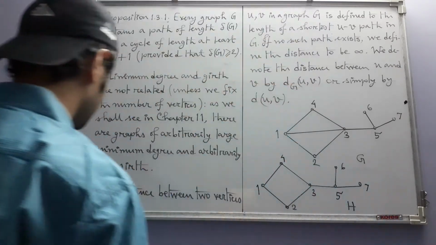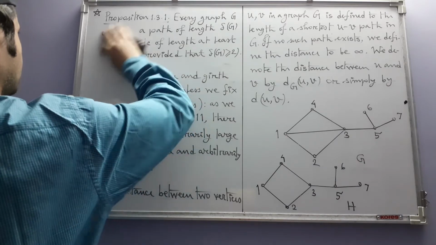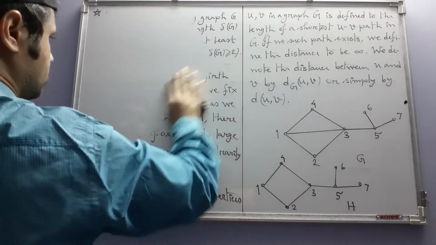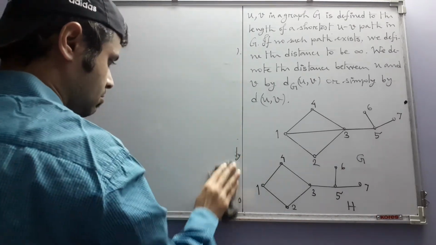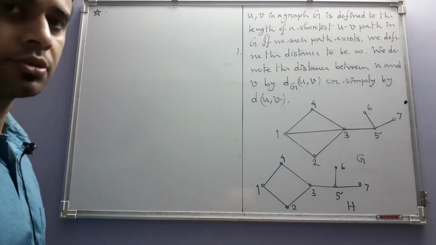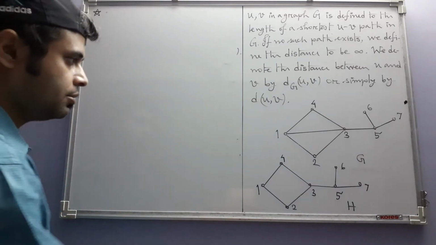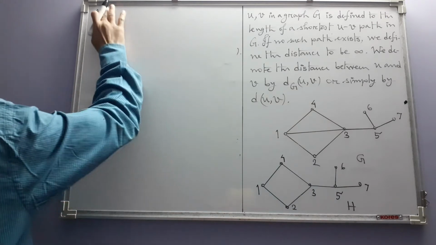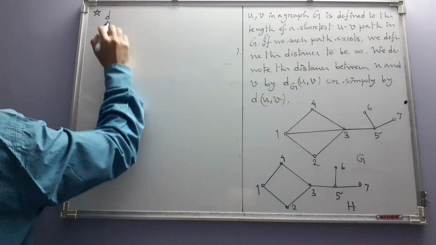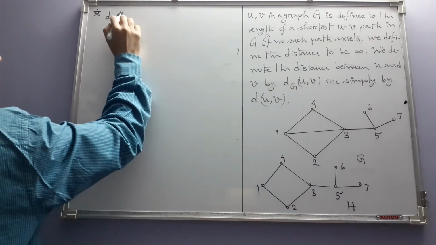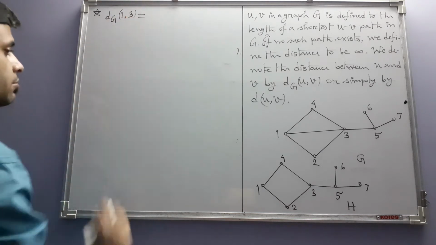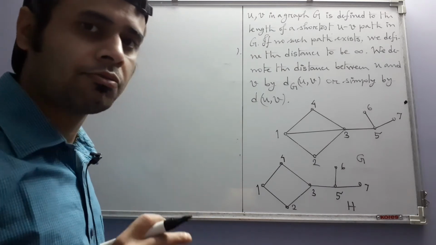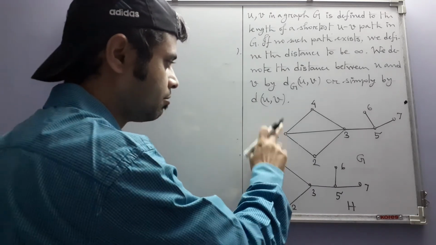Okay, now say we want to calculate the distance between 1 and 3 in G. We look for paths between 1 and 3.